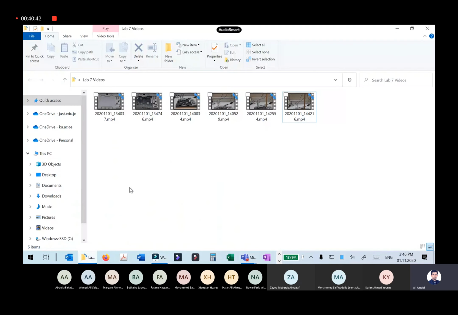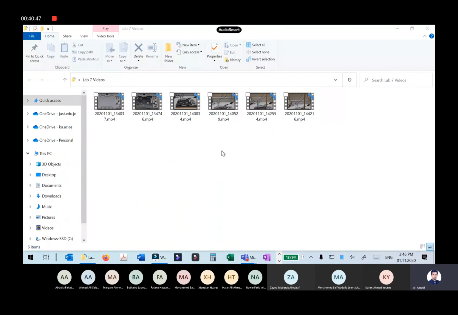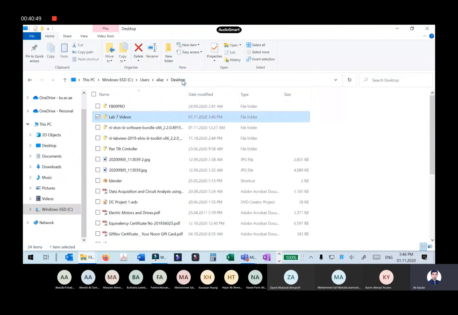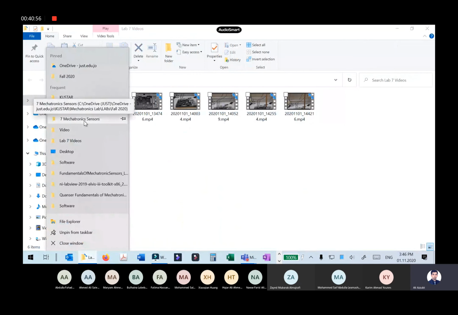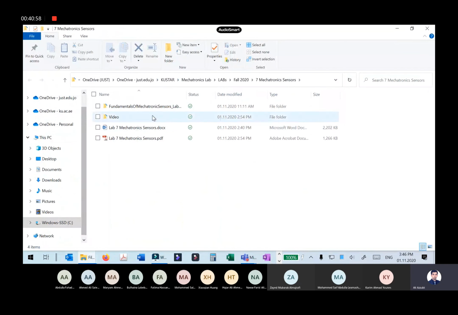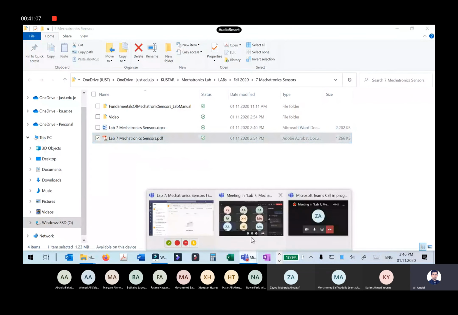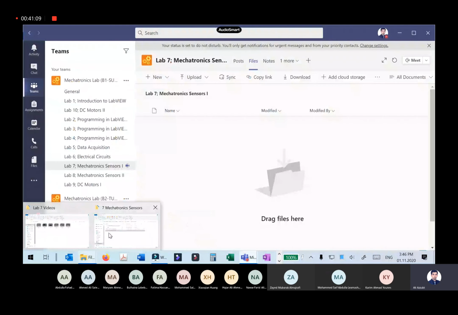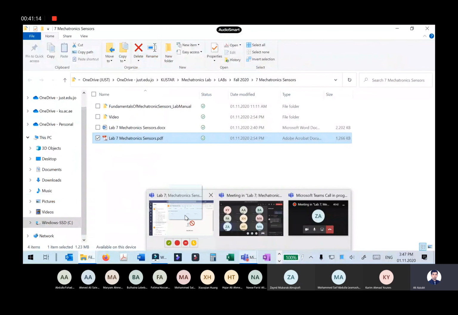Let's open the manual. Now where is my manual? Let's get that. No, not here. I don't think the manual is available in Moodle, so what I will do, I'll put it here on Teams.